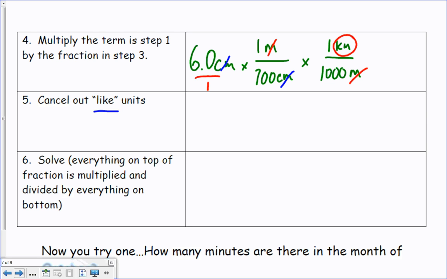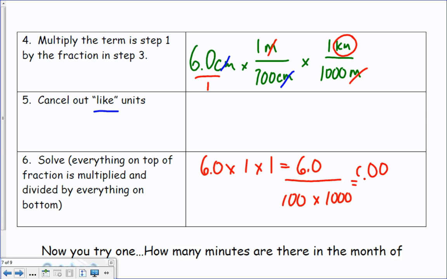That in actuality is 6.0 times 1 equals 6.0, and then I divide that by 100 times 1,000. That's 5 places I'm going to move the decimal, so it's going to be 0.00006 kilometers. This is huge. Don't forget the units, guys. Got to have units every time.